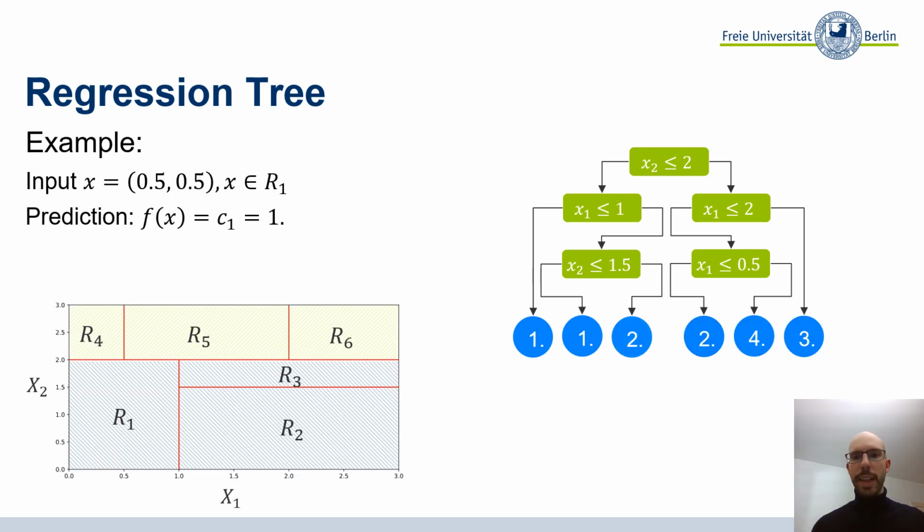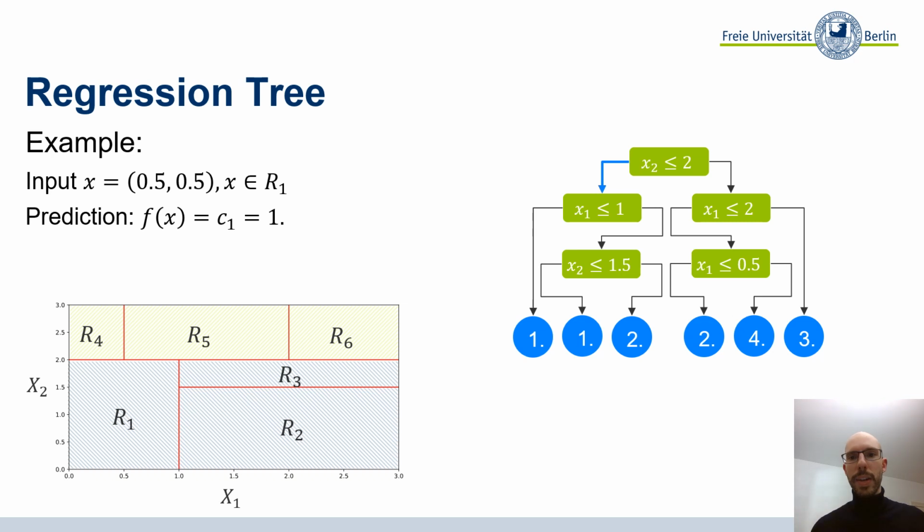Now, let us look at an example from top to bottom of the tree. Let us assume we have an input x equals (0.5, 0.5). This point would lie in region R1 of our input space. And so the prediction of our model is going to be f of x equals c1, the output value for region R1, which happens to be 1.